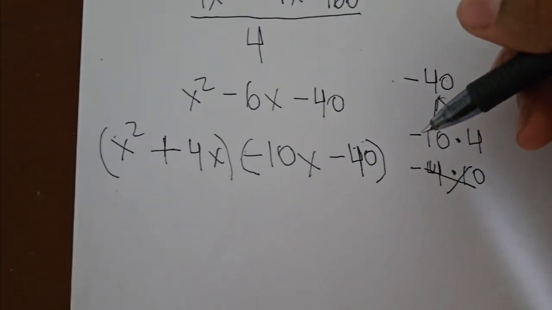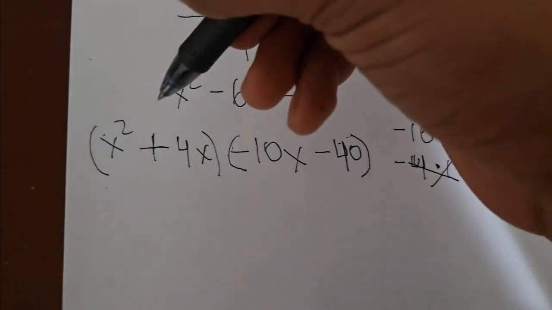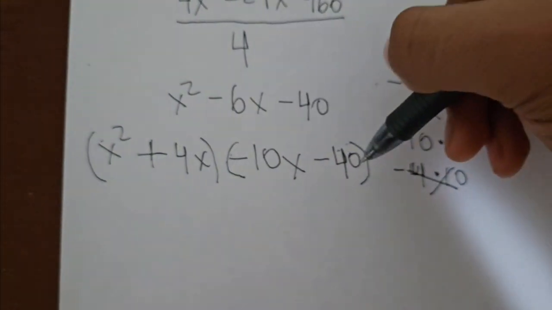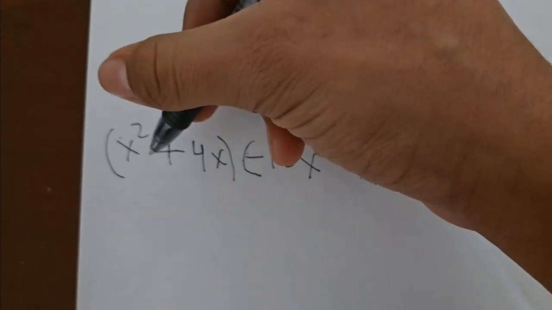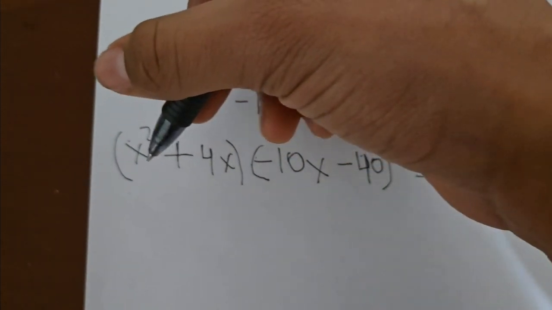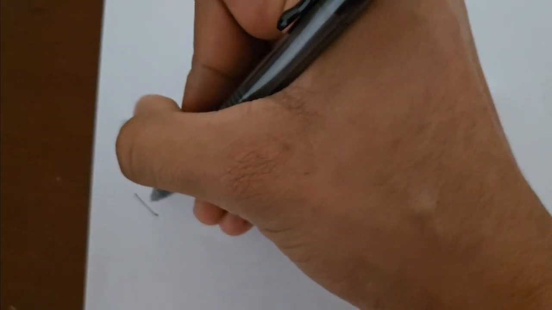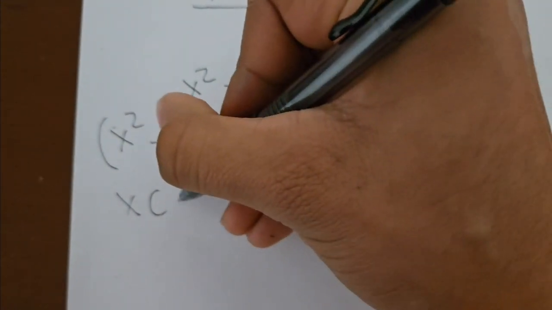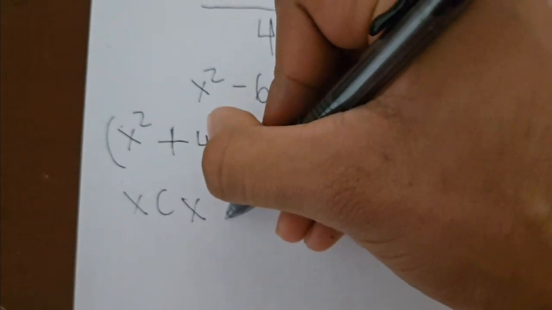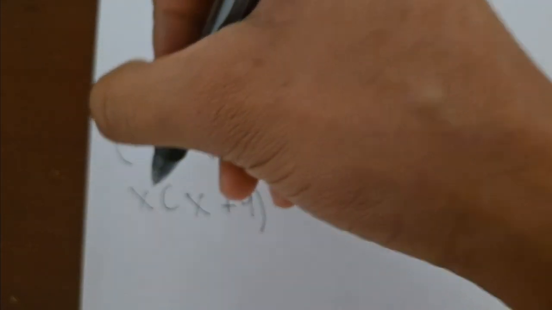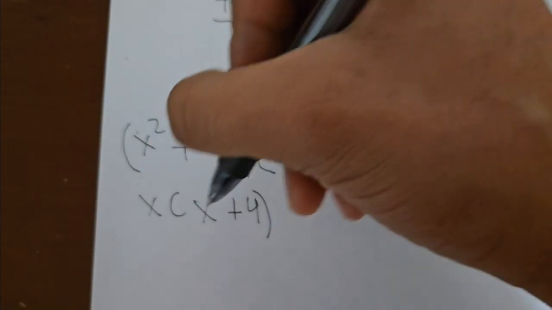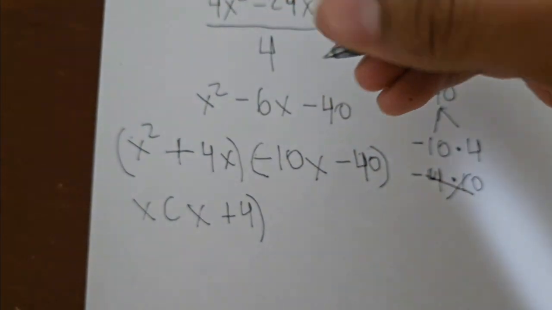What we have to do next is simplify these factors even more. For the first one, the common factor is the variable x. So it would be x parentheses x plus 4, because x times x is x squared and x times 4 is 4x.